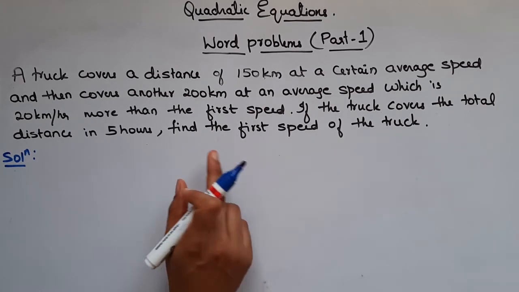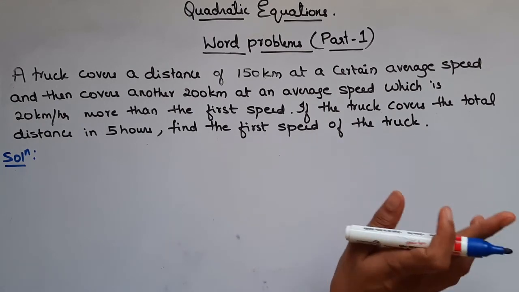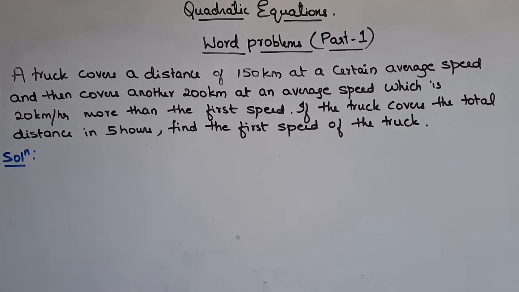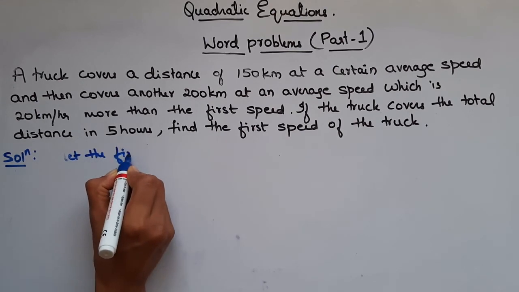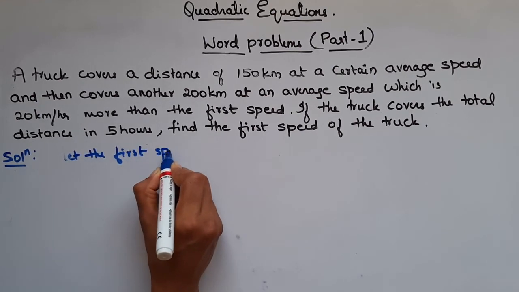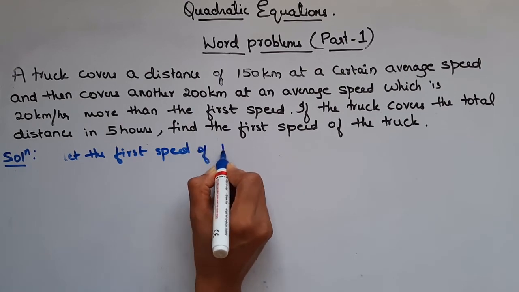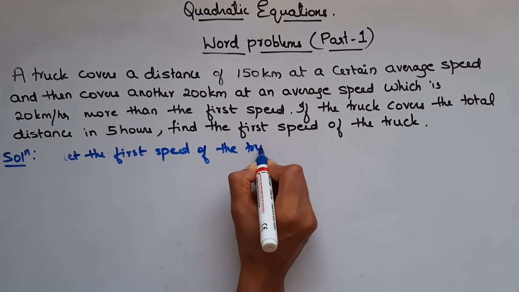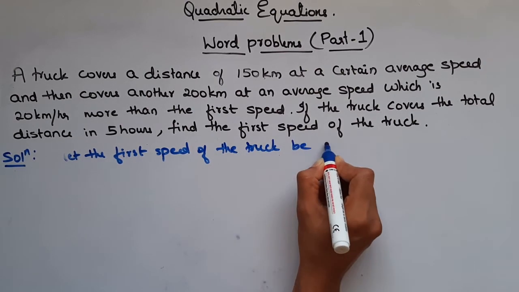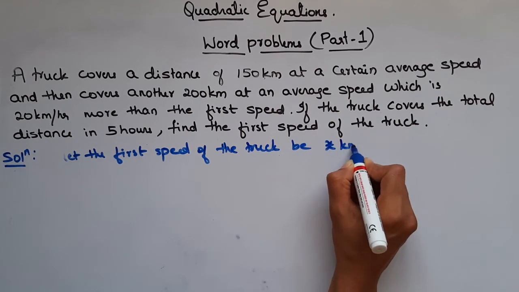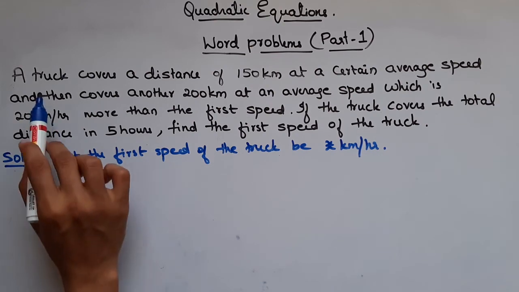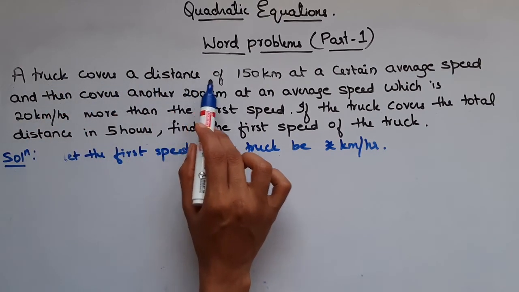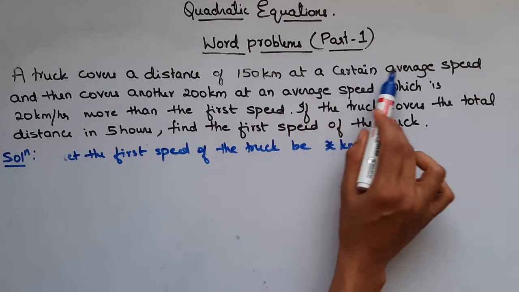So first let's take the first speed of the truck to be x km per hour. Here it says the truck covers a distance of 150 km at a certain average speed.